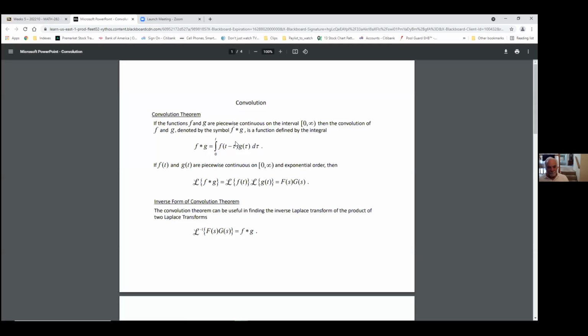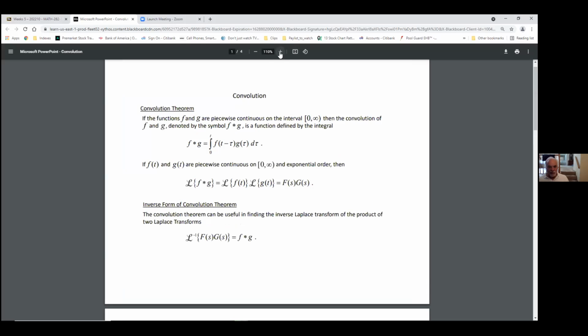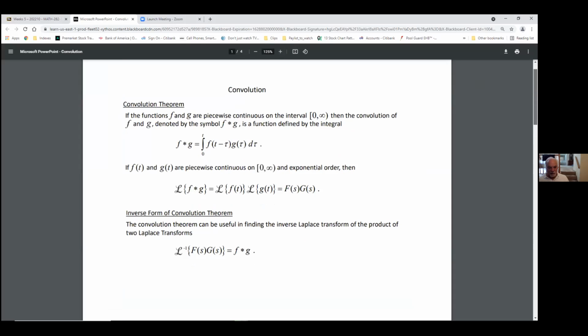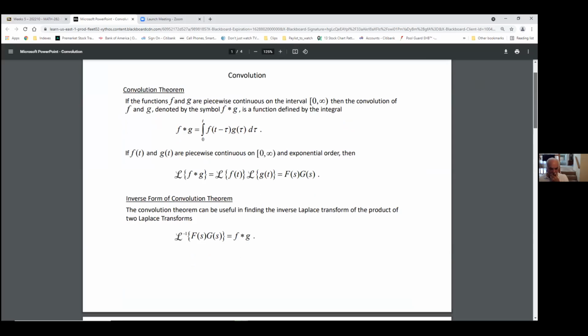It's not required for this course, but there's what's called convolution. It's kind of cool. If you continue in electrical engineering or signal processing, you'll definitely learn about convolution.